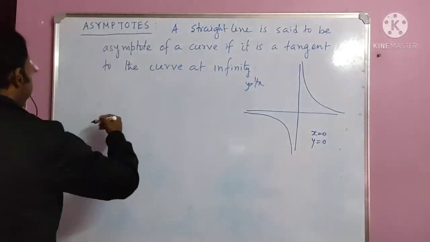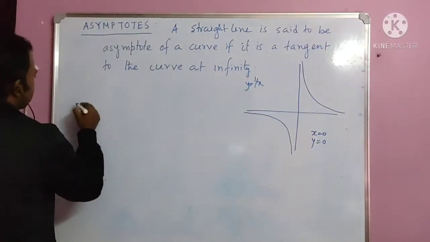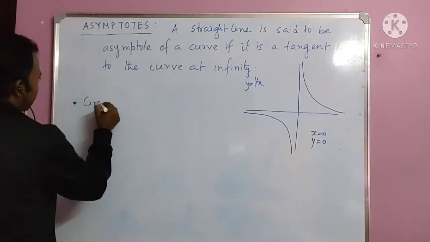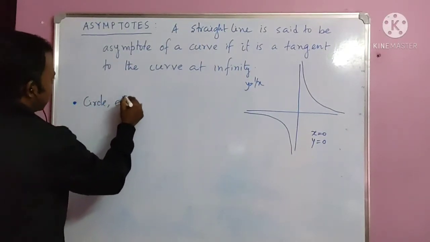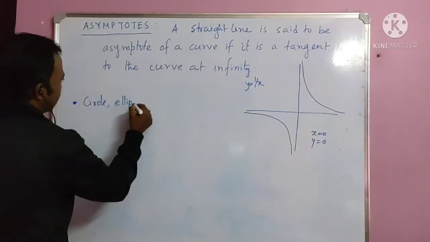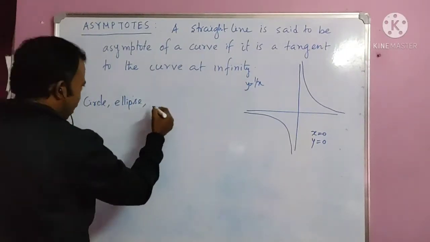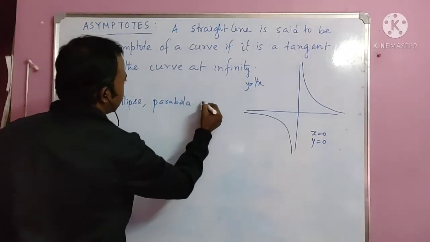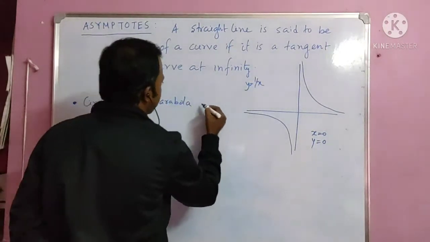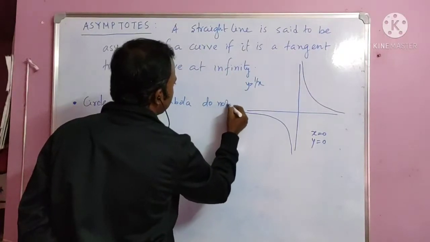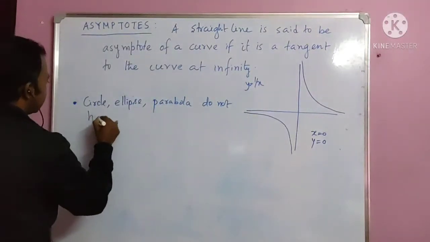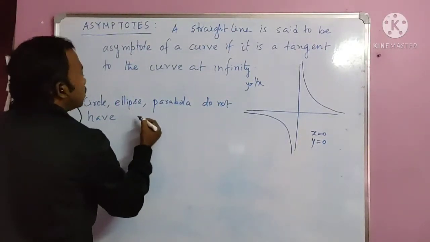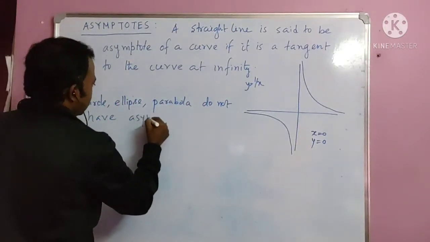For example, note that the circle, ellipse and parabola do not have asymptotes.